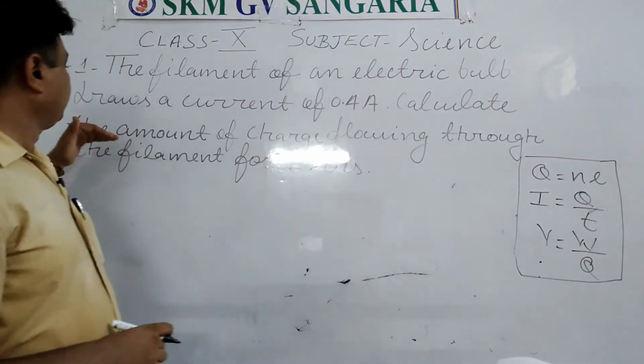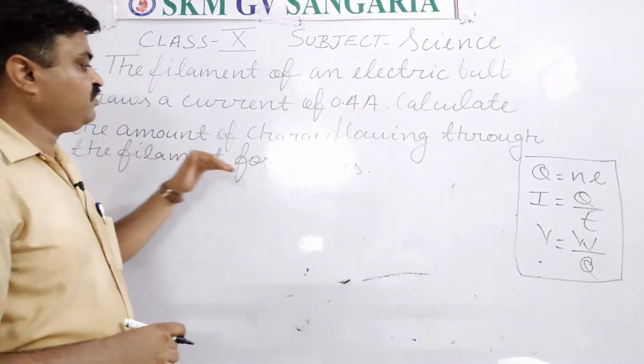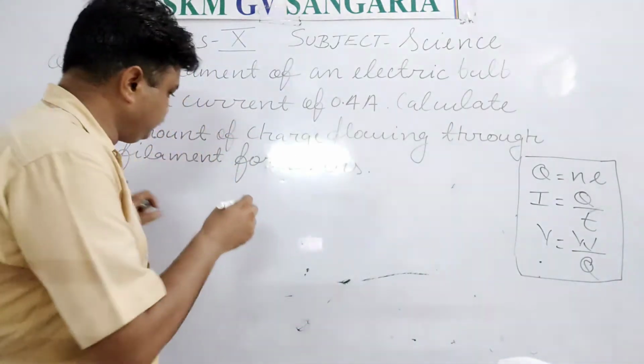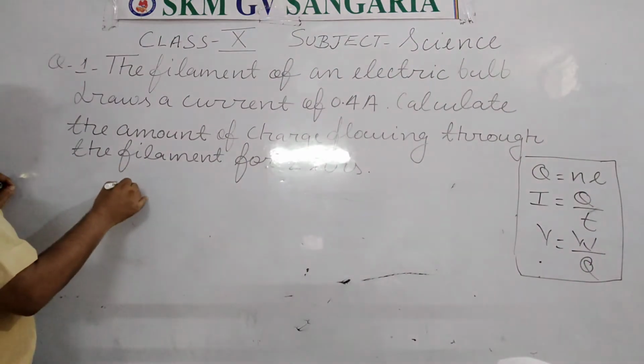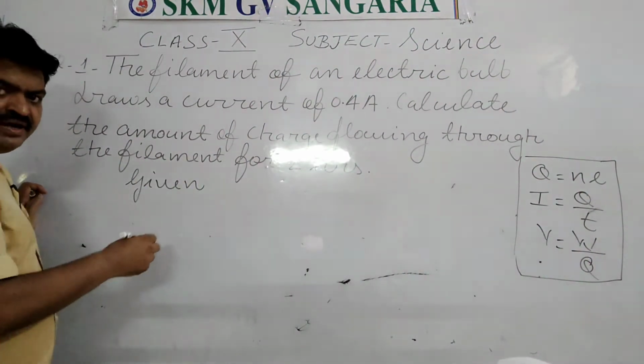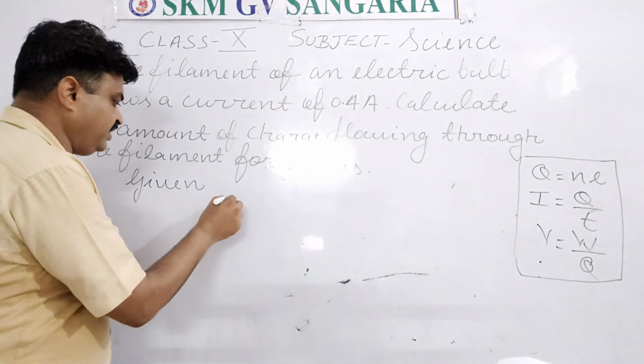Calculate the amount of charge flowing through the filament for 2 hours. So, student, what are the quantities given in this question? You will write them, and in the given you can also draw the diagram.